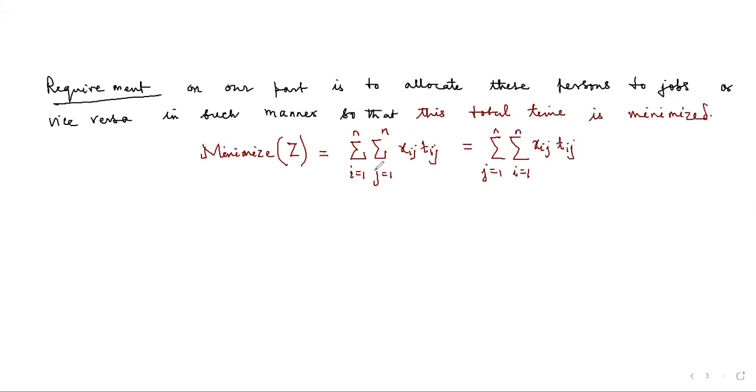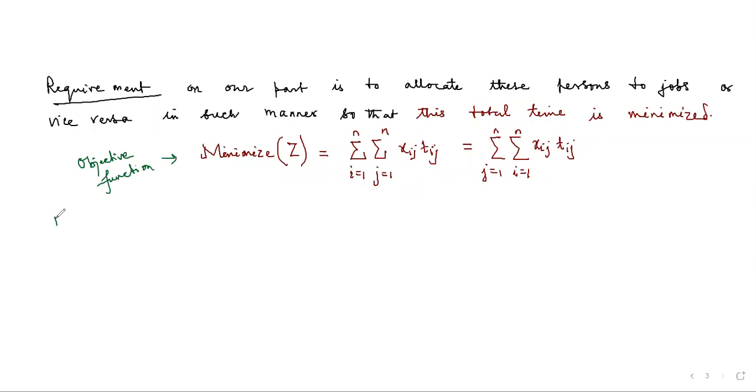It doesn't matter whether you interchange the position of this summation. You can sum all the columns first and then take the sums of the rows, or you can do the reverse. Whatever, you are going to get this. So what has it become? It is actually becoming the objective function.